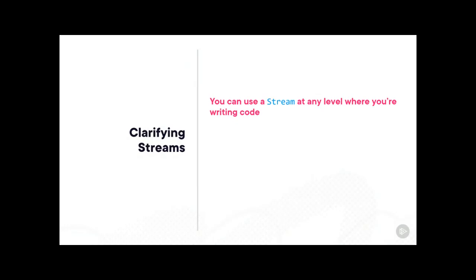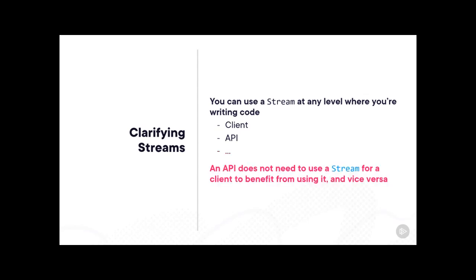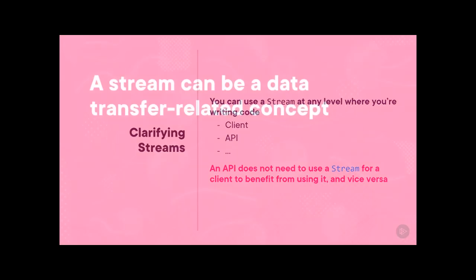So, at level of the client, at level of the API, or anything in between. Important is that these are separate from each other. An API doesn't need to use streams to allow a client to use it and benefit from it, and vice versa for that matter. Everything you will learn in this module can be used regardless of how the API is coded. So that's the code concept.